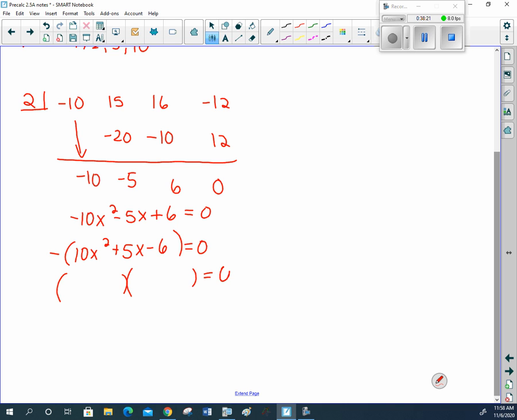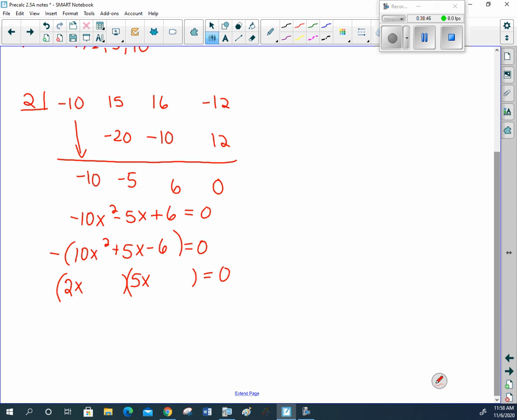So from your graph, what else did it look like was another zero? Were there no more integers? Are these both going to be fractions? So if they're both going to be fractions, should we try the 2 and the 5? And we want it to subtract to give us 5. So if I did 3 here and 2 here, that'd be 15.